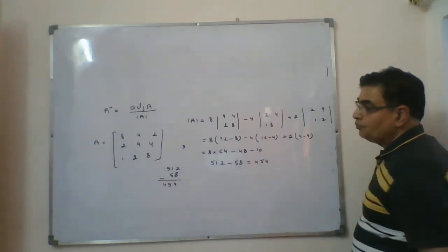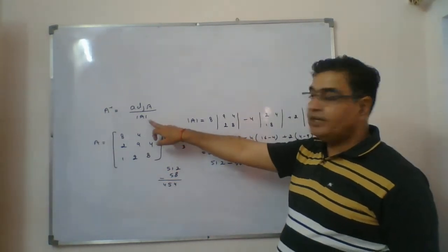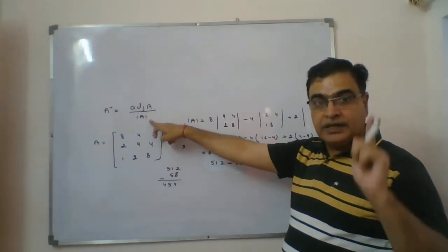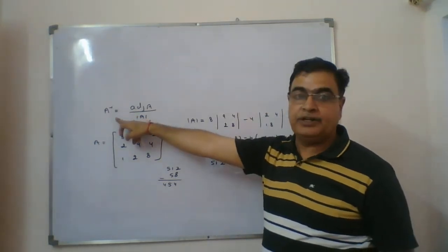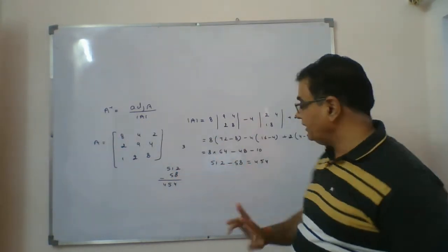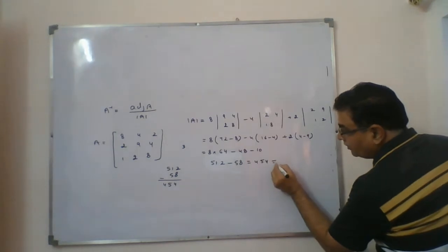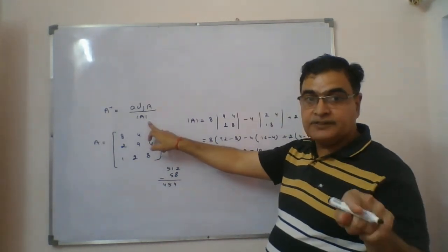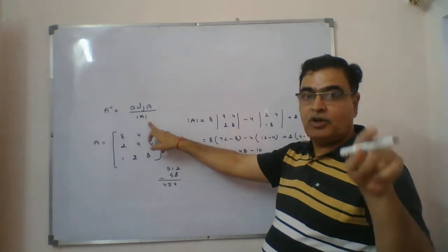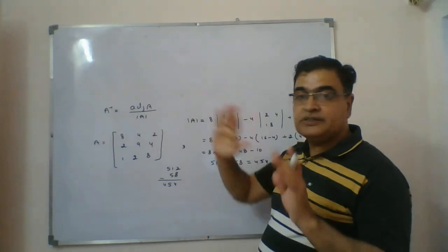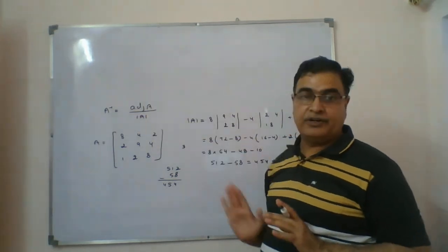Now one thing you should make clear: whenever the determinant of A is not 0, meaning it's a non-singular matrix, then you can calculate A inverse. Otherwise, the inverse does not exist. Keep in mind that this value is not coming 0. If it is not 0, the denominator exists and is a finite number. In the denominator we should always have a finite number, so that means we can calculate the inverse of the matrix.